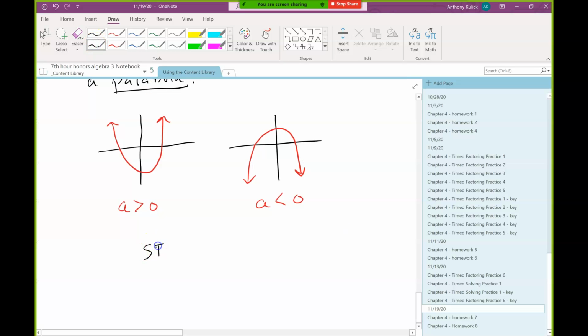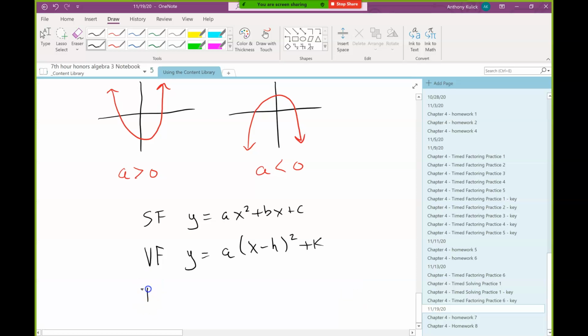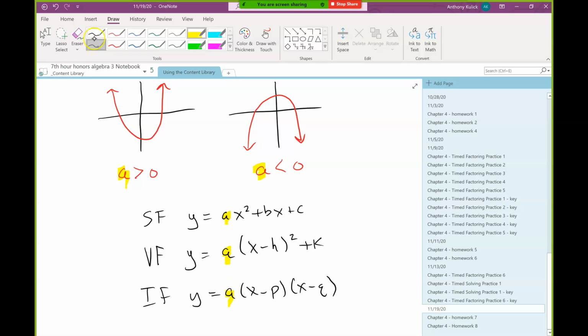When I say a, I'm talking about the leading coefficient for a standard form quadratic, or that factor outside of the parentheses in vertex form, or that leading factor in intercept form. So when we say a, it doesn't matter what form we're talking about, it's the same a in any of those.